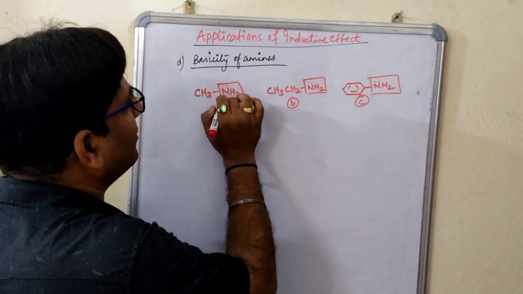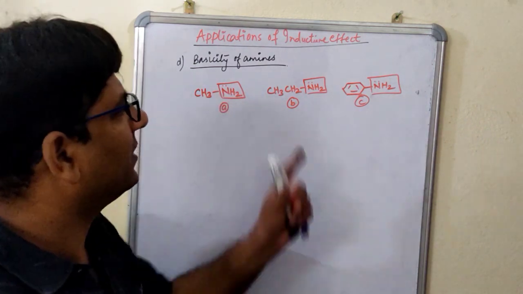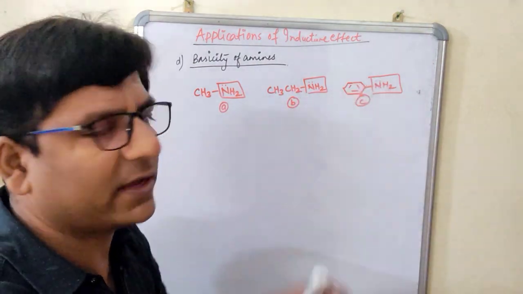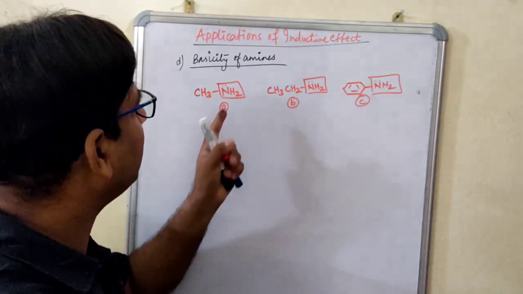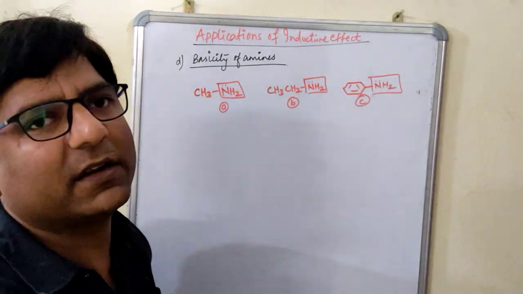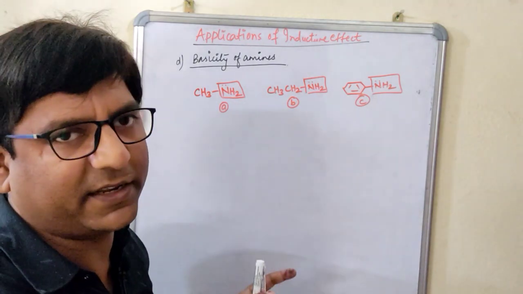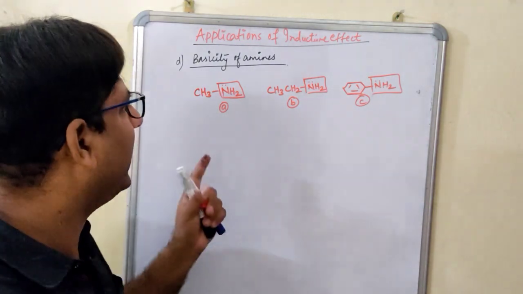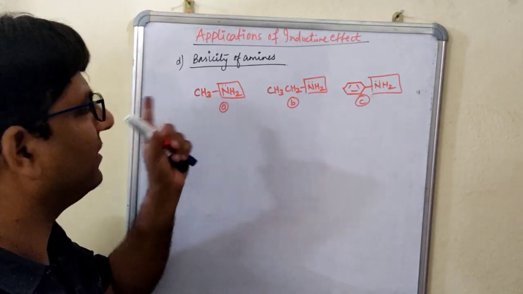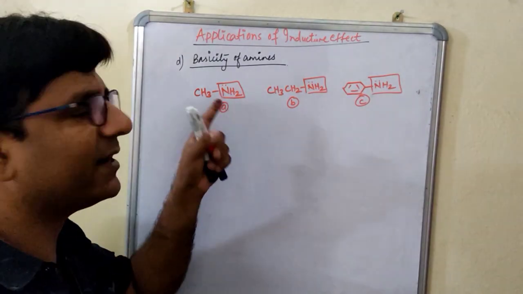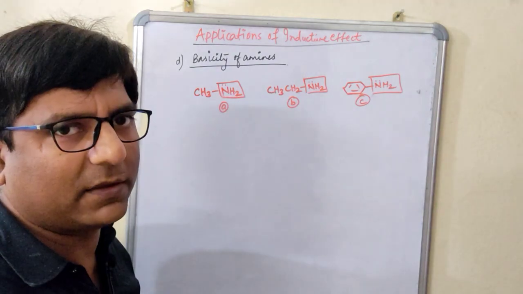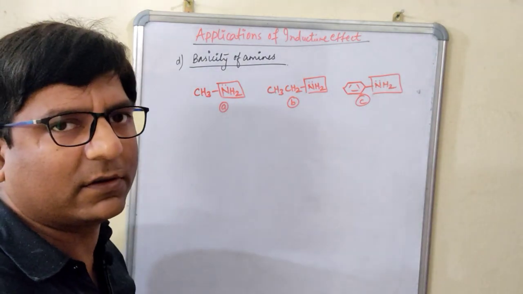On the nitrogen we have the lone pair of electrons. So by seeing the NH2 we cannot determine the basicity of amines. We cannot arrange them in the order of basicity. For that, we have to see the substituent that is attached to this NH2, because the NH2 is common.